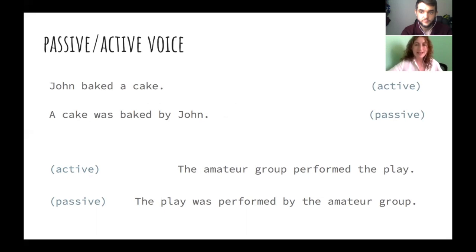And we can see we can use the passive or the active voice to shift the emphasis in our sentences. So perhaps if I was talking about this amateur group and what they've been up to, I might say that they performed the play. However, if I was talking about a certain play and its various productions, I might say that the play was performed by this certain amateur group. So it shifts the emphasis and enables us to move the focus of what we want to talk about in the sentence.